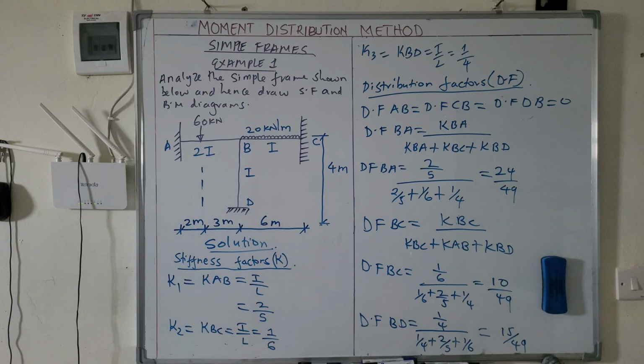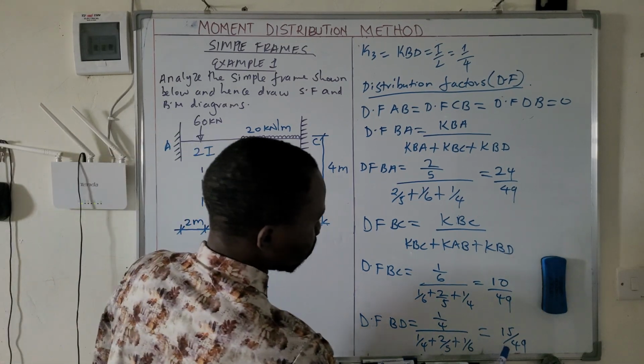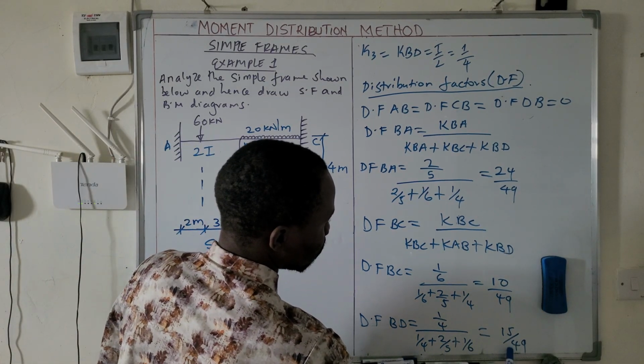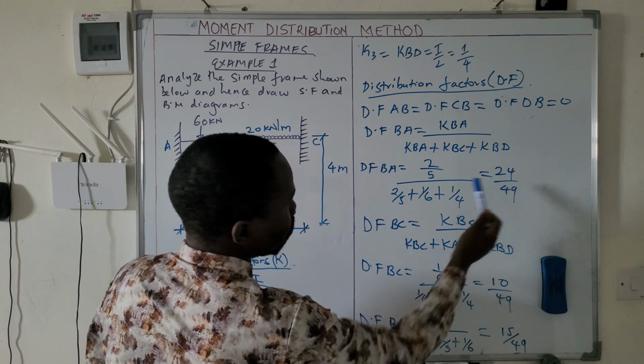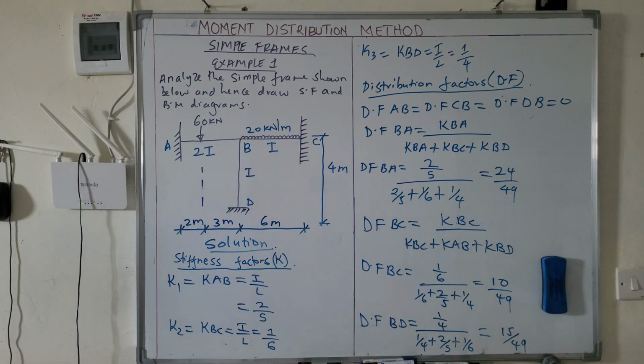Like that. So if you want to know your distribution factors are correct, you should take this, add to this one, and add to this one. It should give you 1. But if the result is not 1, then there is a mistake somewhere.